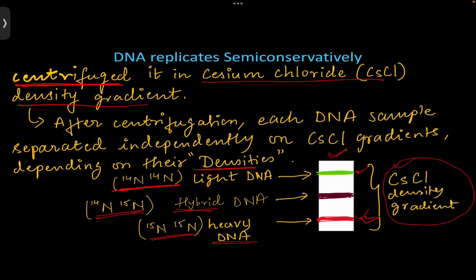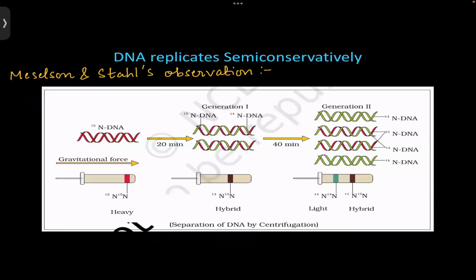Here you can see how they are using heavy isotopes, not radioactive isotopes, to distinguish between the DNA molecules based only on density. Since we are studying the mode of DNA replication, it really helped them. How? Let's look at their observation.